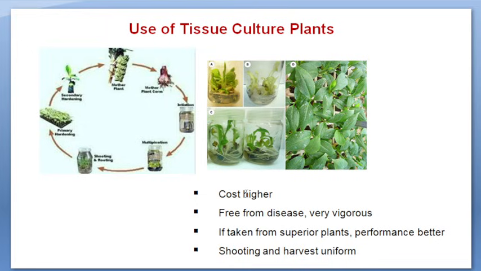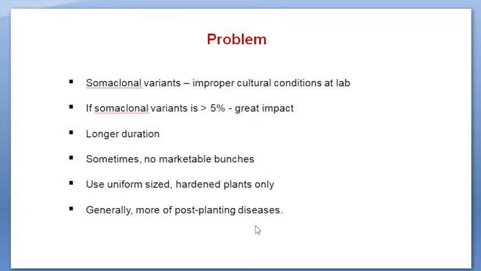The initial cost of establishment will be higher, that is the one major problem, but we can expect seedlings which are free from diseases and pests, good establishment in the field, and uniformity in yielding ability and even in harvesting.